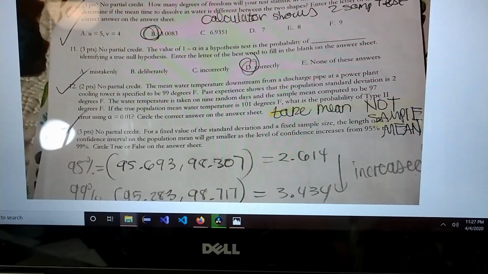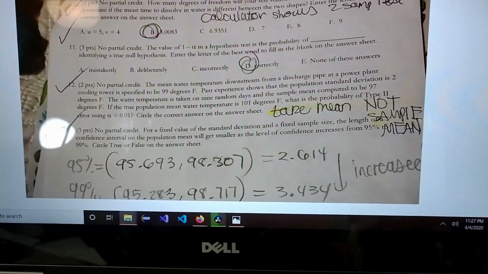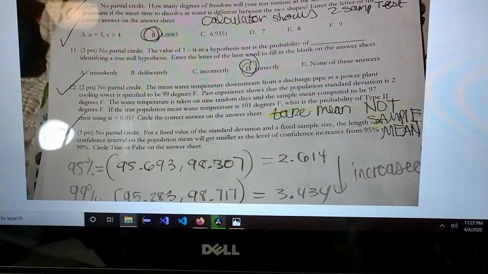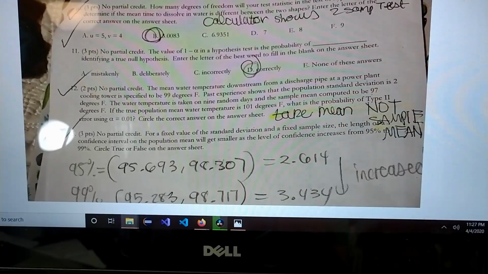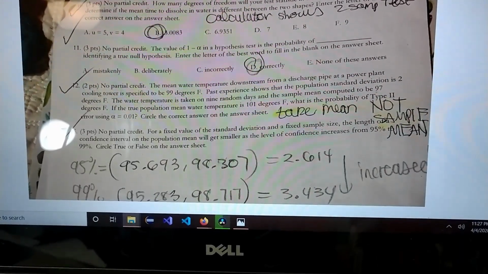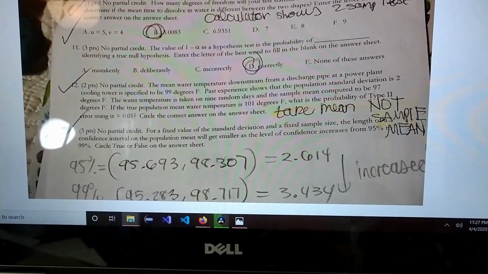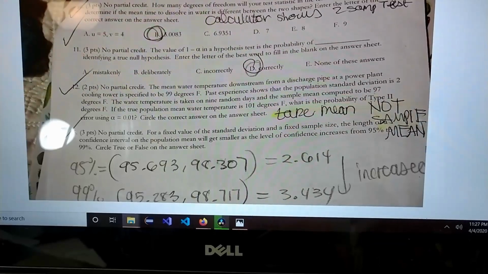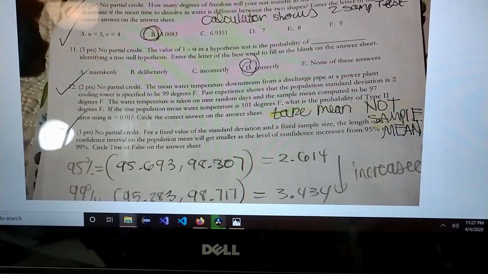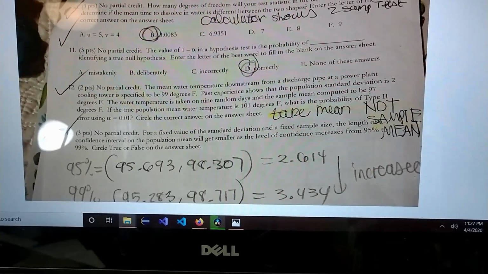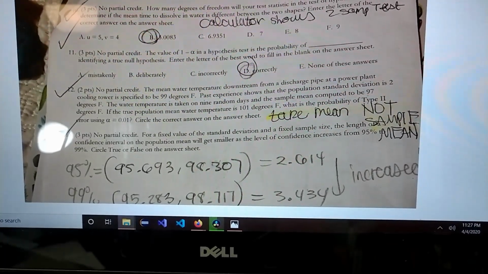Okay, so the last question that I'm going to review is the one labeled 13. For a fixed value of the standard deviation and a fixed sample size, the length of a confidence interval on the population mean will get smaller as the level of confidence increases from 95% to 99%. So this is a true or false question.